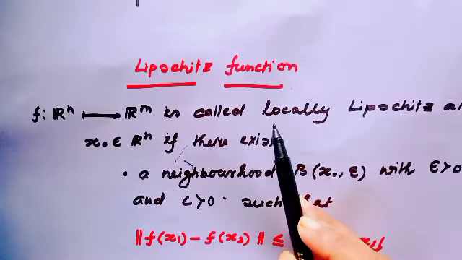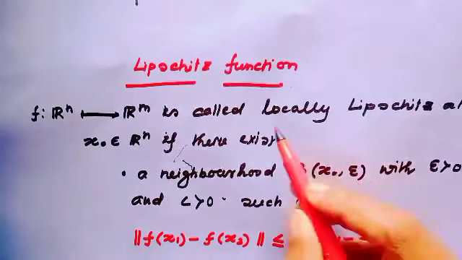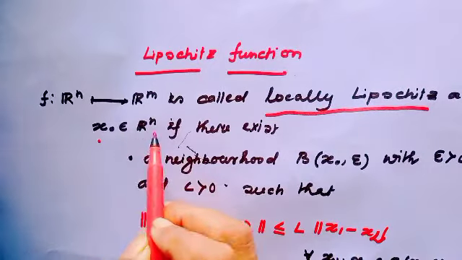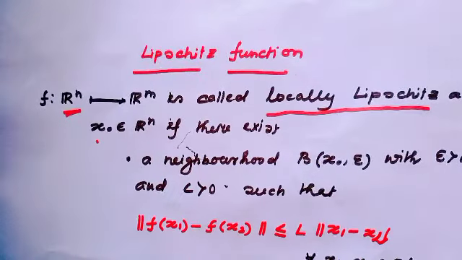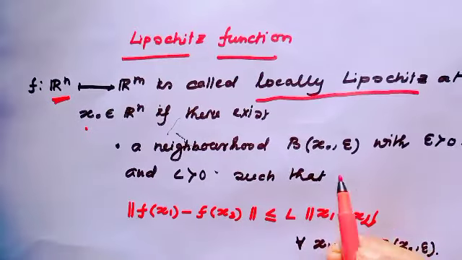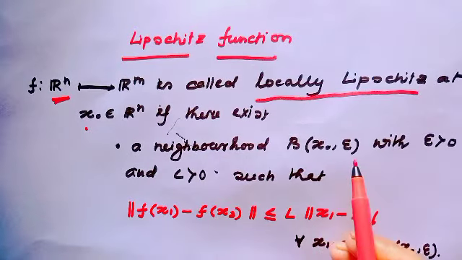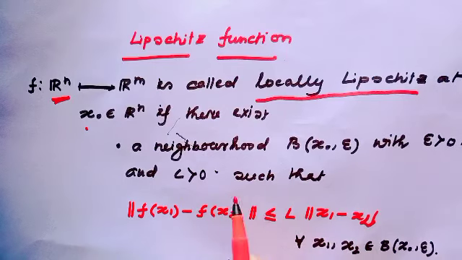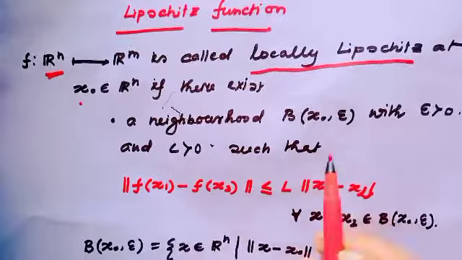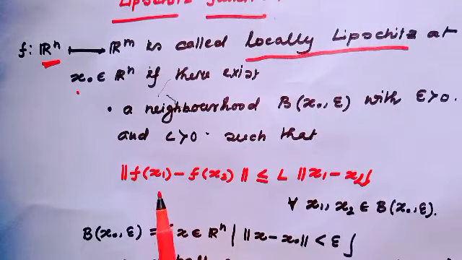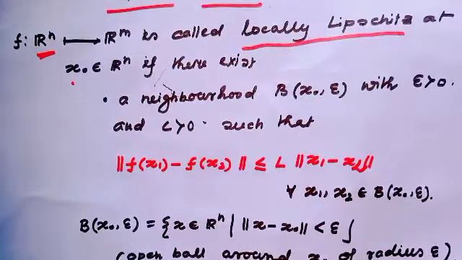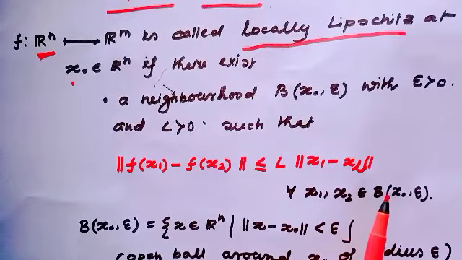It is called locally Lipschitz at the point x0, where x0 belongs to Rn, if there exists a ball B(x0, epsilon) with epsilon greater than 0 and capital L greater than 0 such that the distance between f(x1) and f(x2) is less than or equal to L times the norm of x1 minus x2.